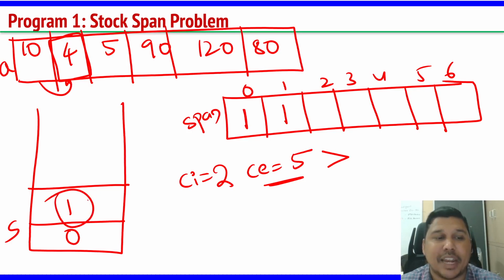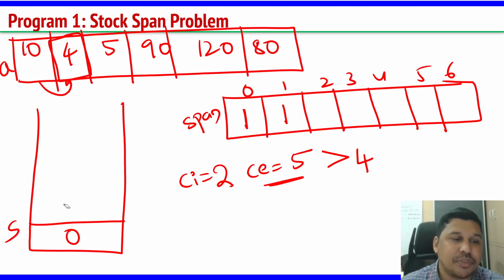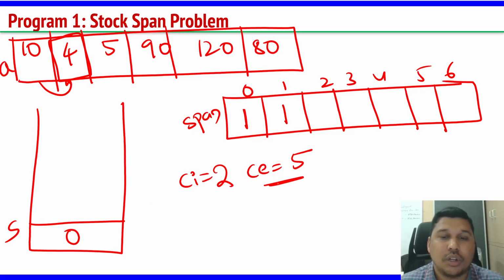What is there in the stack top? 1. What is A of 1? 4. Is 5 greater than 4? Yes. Whenever 5 is greater than 4, you pop the element. Again repeat the comparison. Compare the current element 5 with the stack top index element.